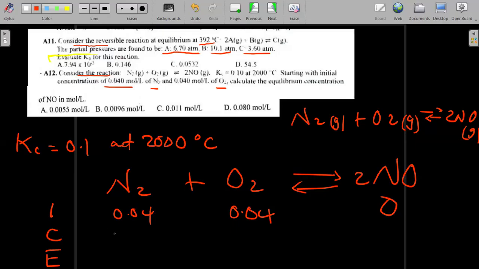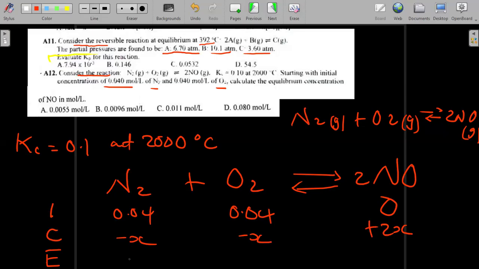So what is the change now? This 0.04 is going to reduce by X, and even this 0.04 is going to reduce by X. And then this 2NO is going to increase by 2X, so we're going to write 2X there. From there we can calculate the equilibrium concentrations.